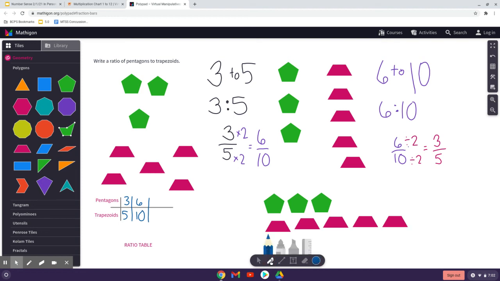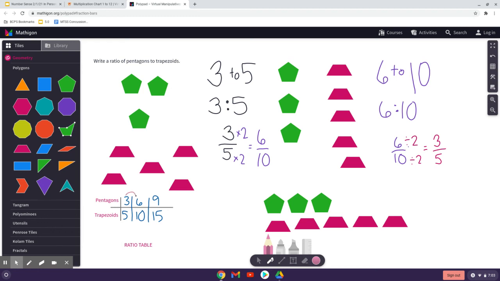So this would give me a total of 9 pentagons and 15 trapezoids.